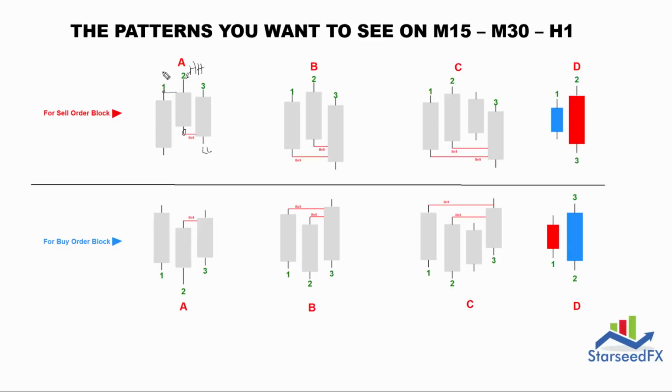When you see this pattern in an order block, there is a probability the price is going lower. Now, when you see a big pattern, there is a higher probability the price goes lower. Why? Because candle number 3 breaks not only candle number 2, but also candle number 1.